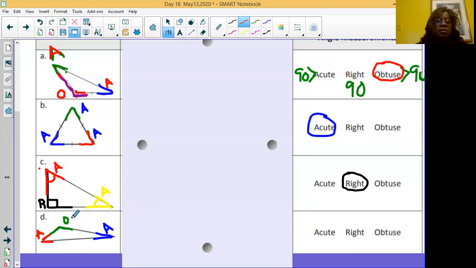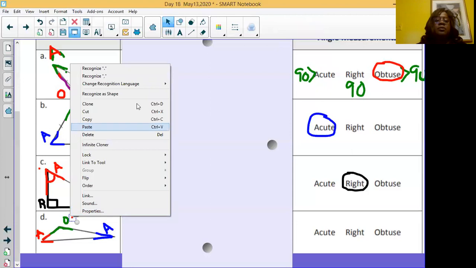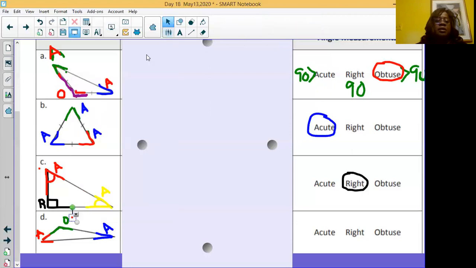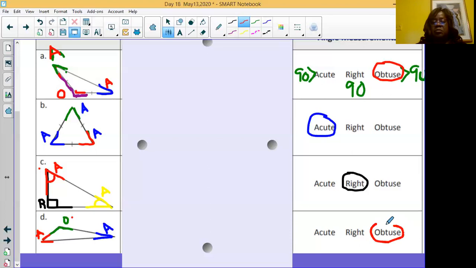So my obtuse angle trumps my two acute angles because its measure is higher. Therefore, this particular triangle would be an obtuse triangle. Because there is an obtuse angle there, it makes it an obtuse triangle. Okay. I'll pause right there and let you get that information.